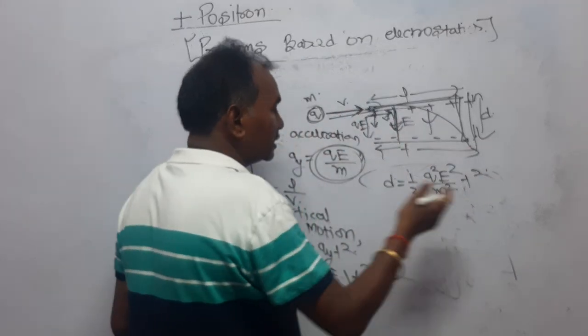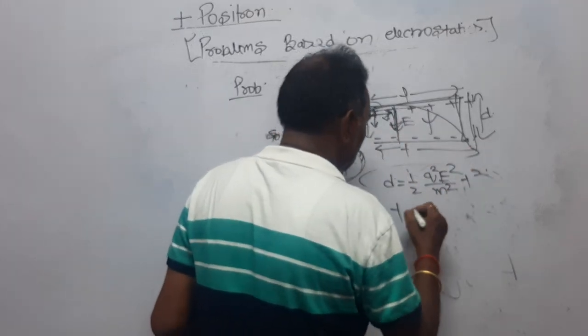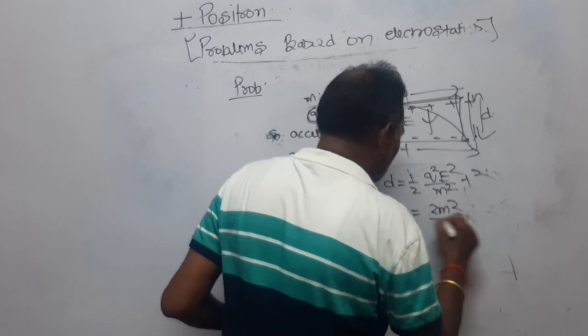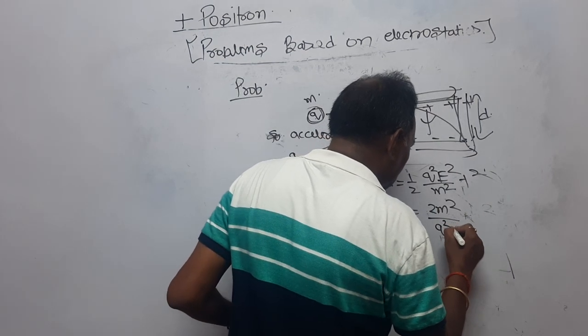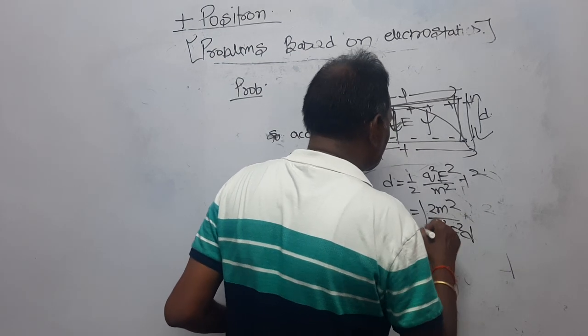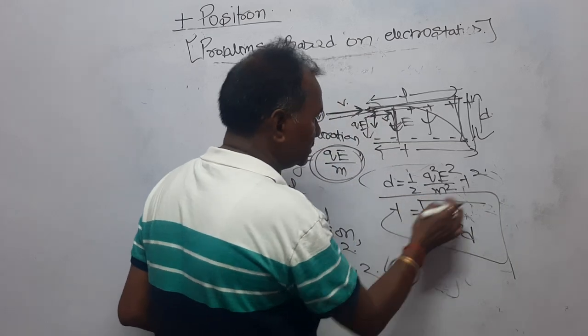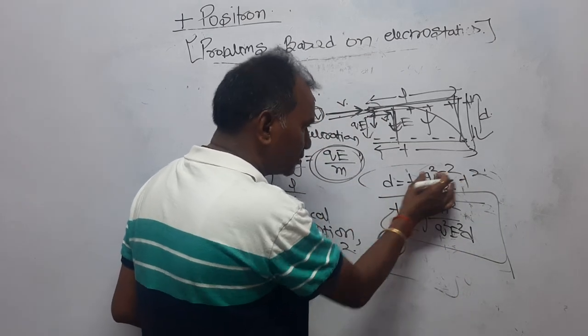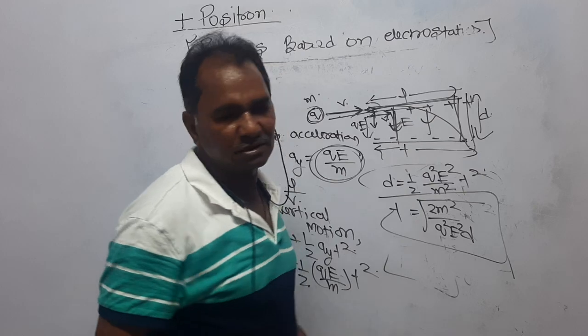Now you can find t like this. t square is 2m square d over q square E square, and so t is the square root of that.